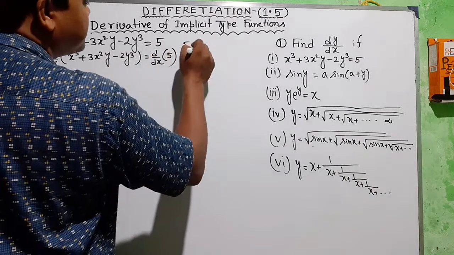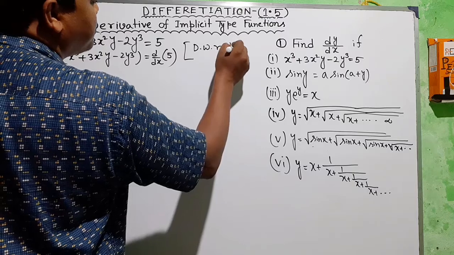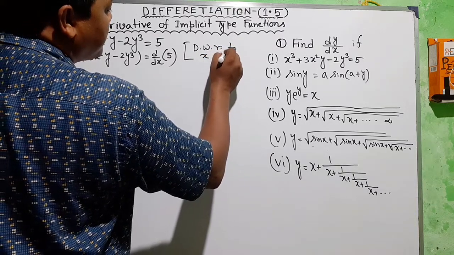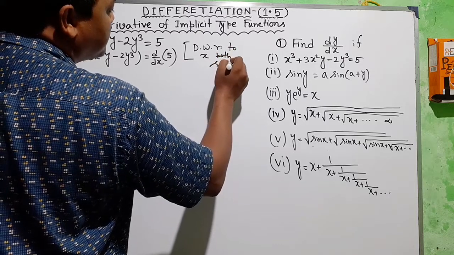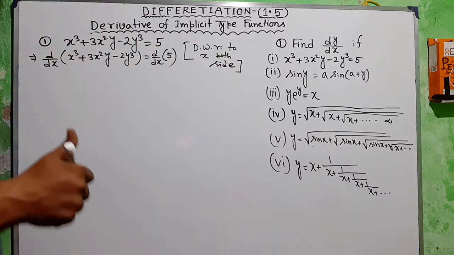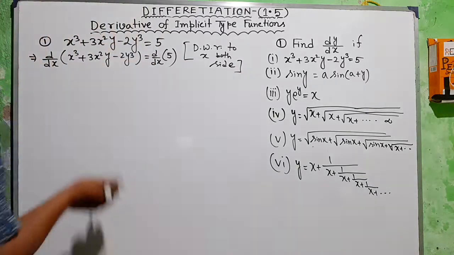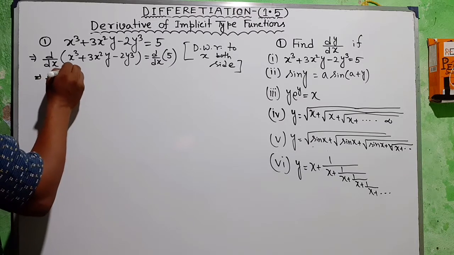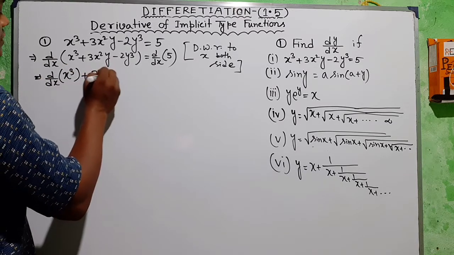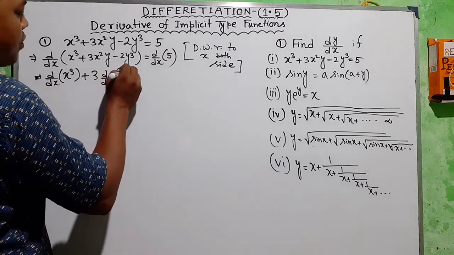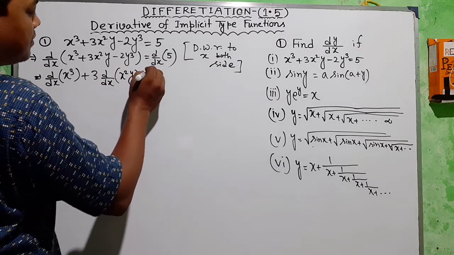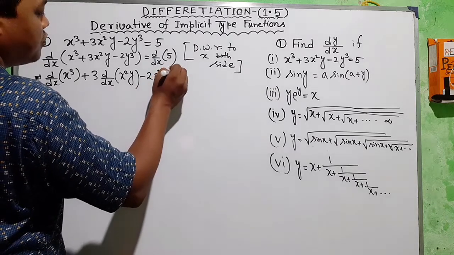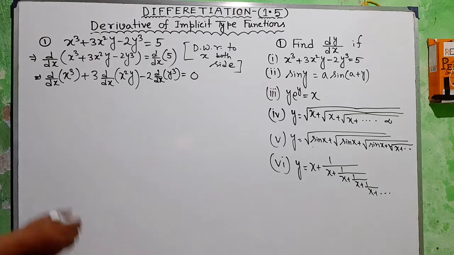So differentiate with respect to x throughout the equation. This is d/dx of x cube plus 3 into d/dx of x square y minus 2 into d/dx of y cube equals 0.